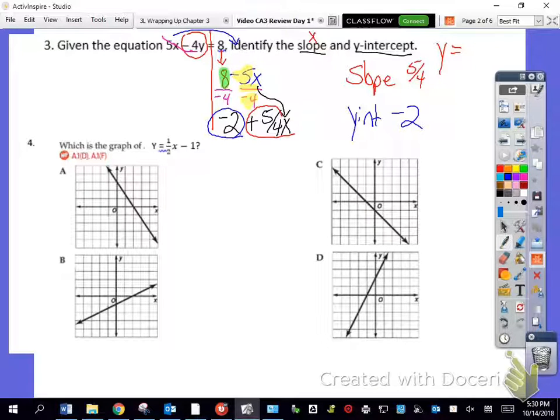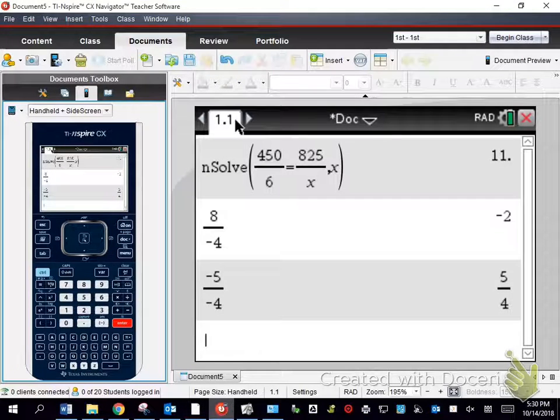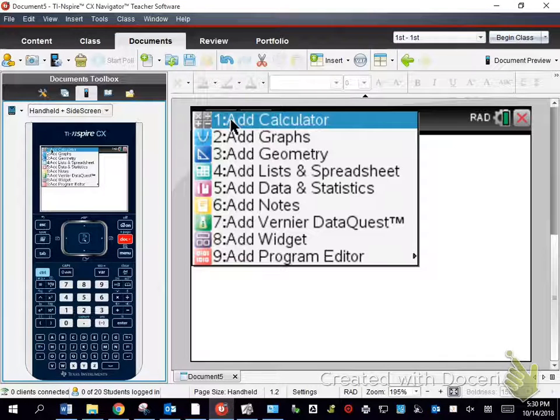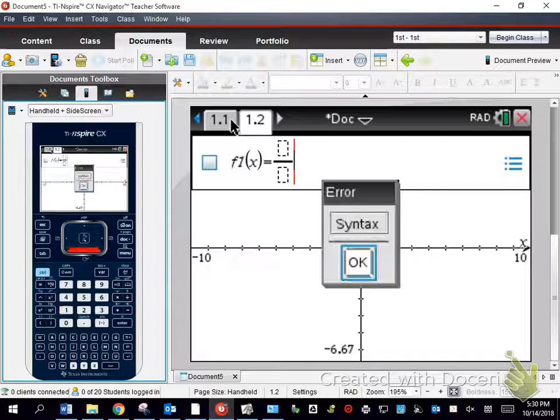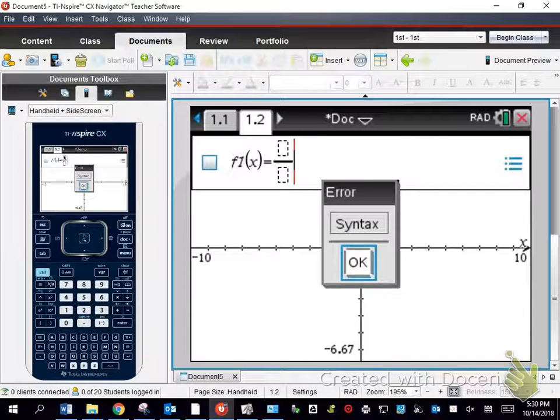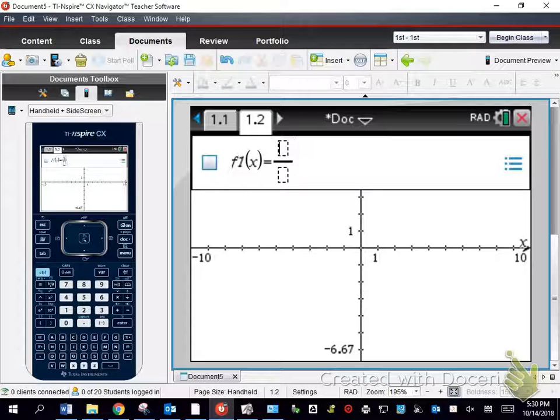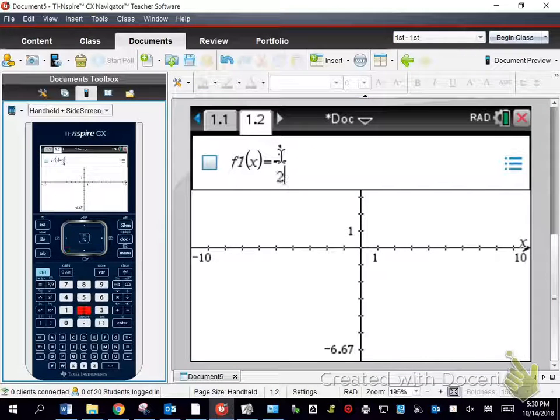Which is the graph? When it says which is the graph, you're actually going to graph it. Now make sure that you plug it in carefully on your graph. So Control Doc, go to Graphs, and then you can make your fraction 1 over 2x, and then arrow over, put your x, and it says minus 1.